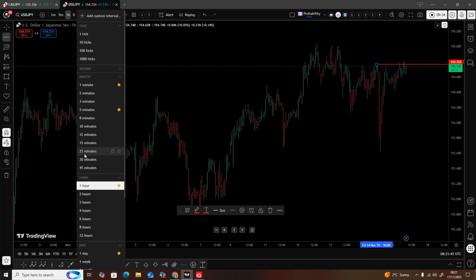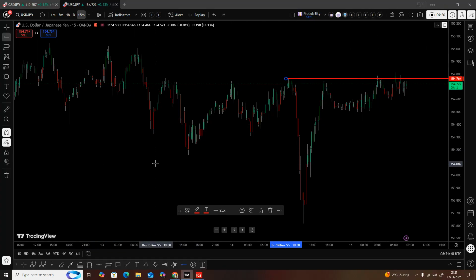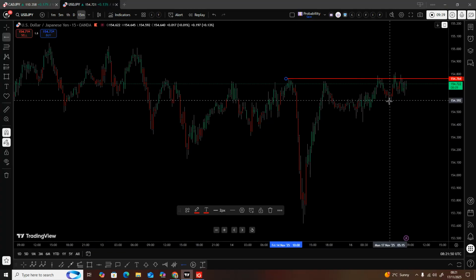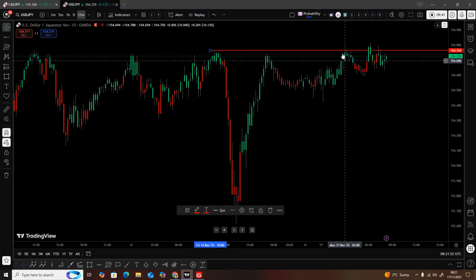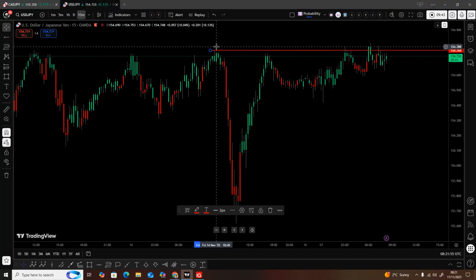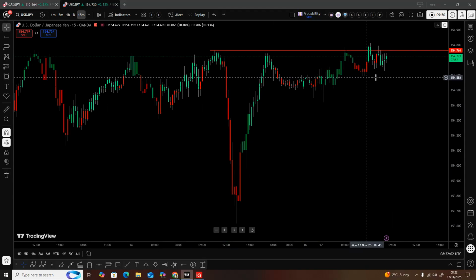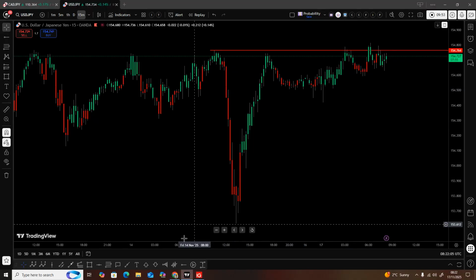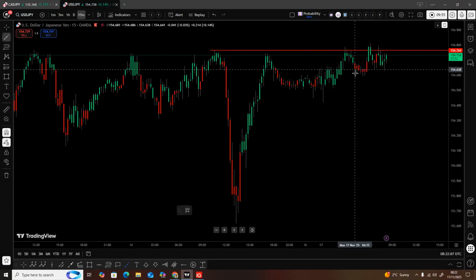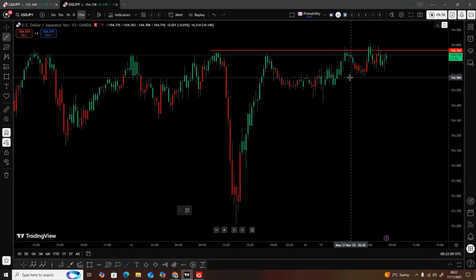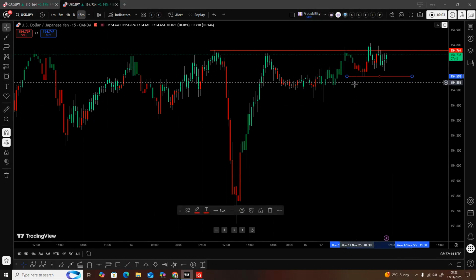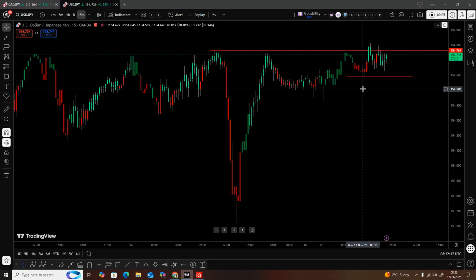Let's check the 15-minute chart. So this is the reference here now. We saw this break above the high. That is the reference point on the 15-minute chart. So this low, 154.59, that low is the key low.